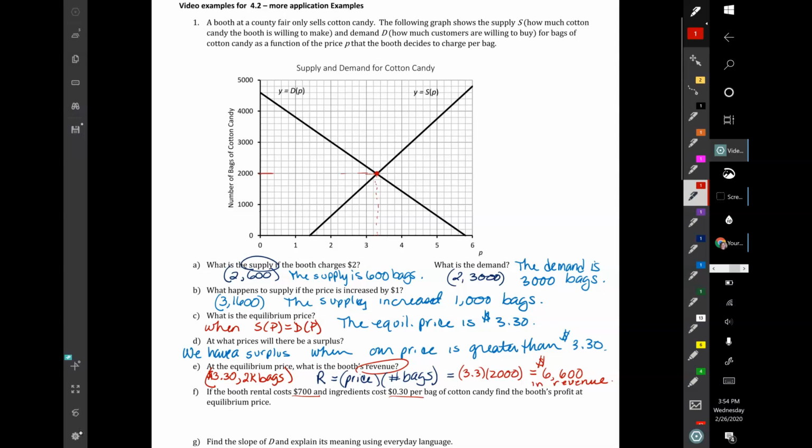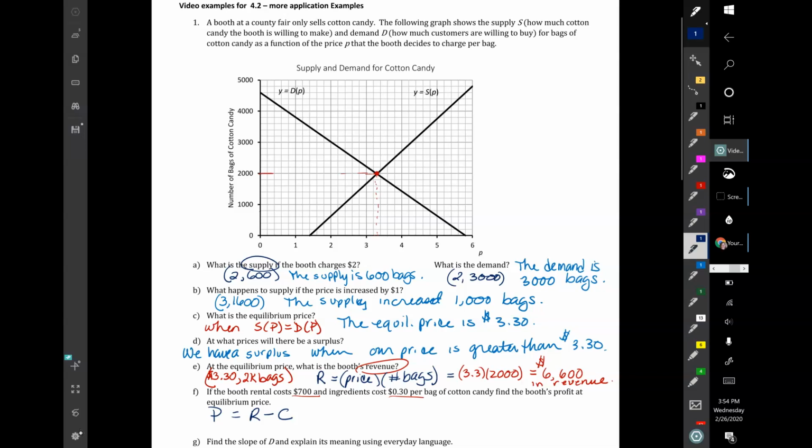So profit, P, is going to be revenue minus costs. So we gotta kind of just figure that out. So we have a $700 booth rental and then 30 cents per bag.